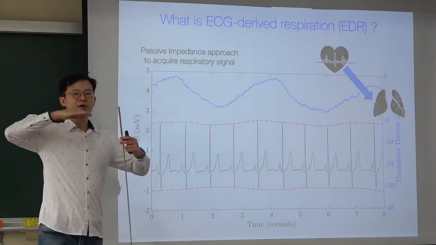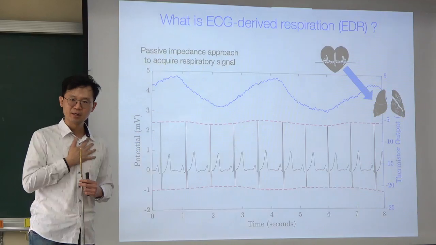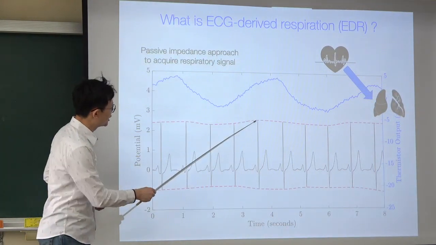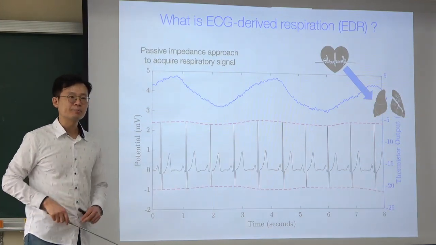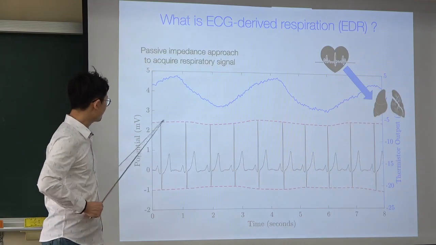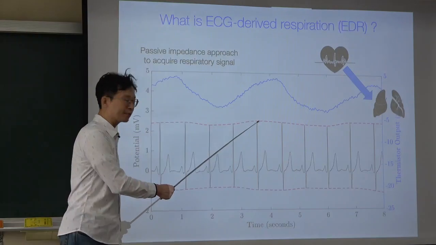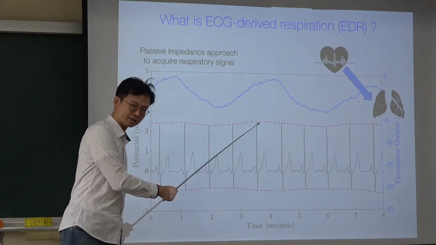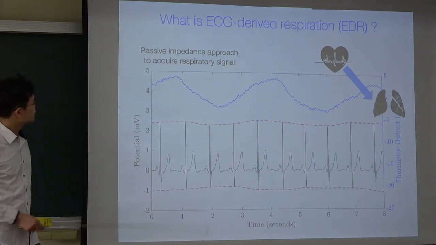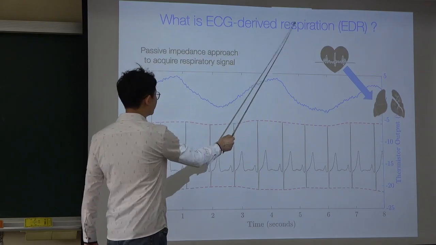But when you exhale, there is less air inside the chest, so the impedance decreases and the amplitude will increase. Because of this very simple mechanism, from the ECG amplitude you can recover, to some extent, the respiratory signal.